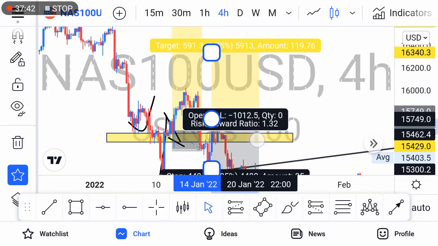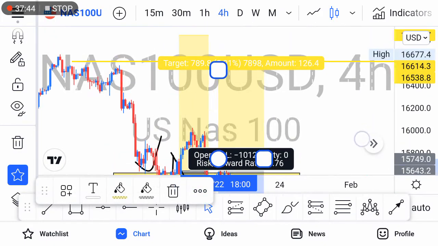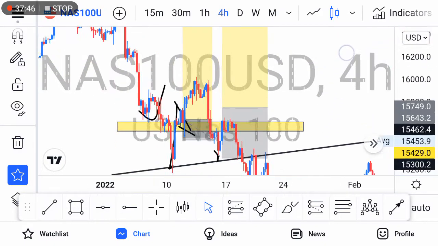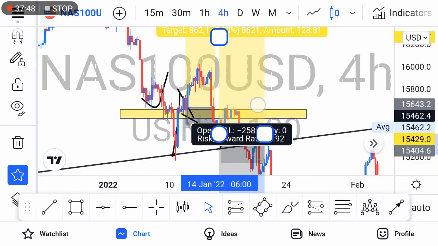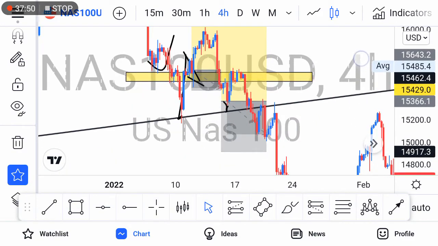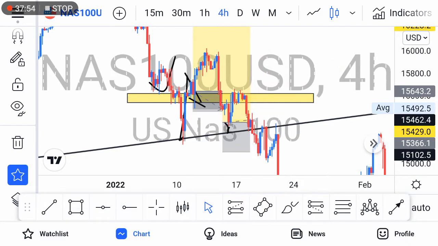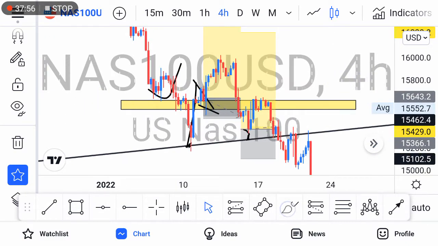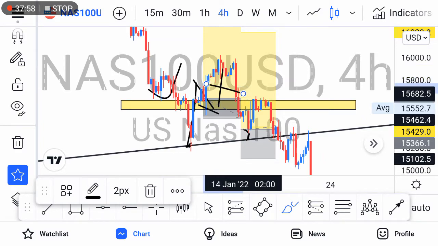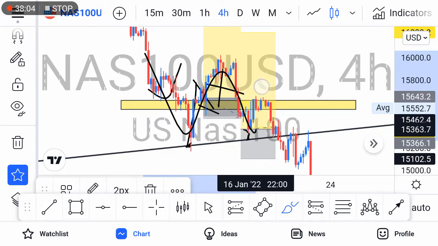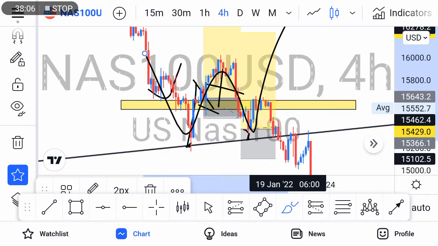So once it touches our trend line, we're gonna enter from here. Once it touches the trend line again, because here it did stop us out, then we say, okay, we expected it to touch the trend line to give us this double bottom, and we're gonna go long.